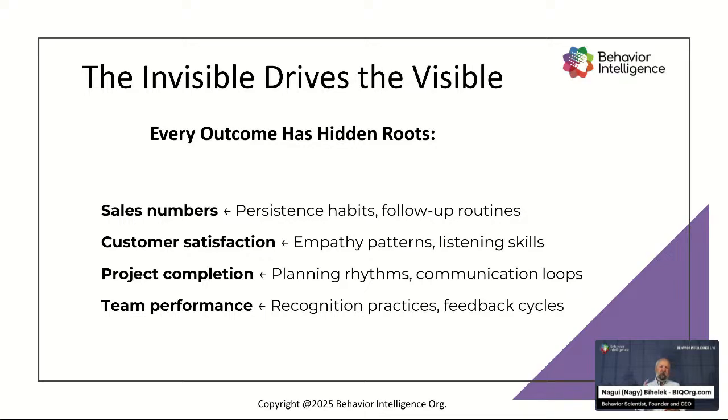But we often measure the stuff on the left and make that the performance measurements. We reward people based on the stuff on the left when we should actually be rewarding the stuff on the right. So sales numbers will only improve when people do the follow-up routinely and consistently, as persistent habits.